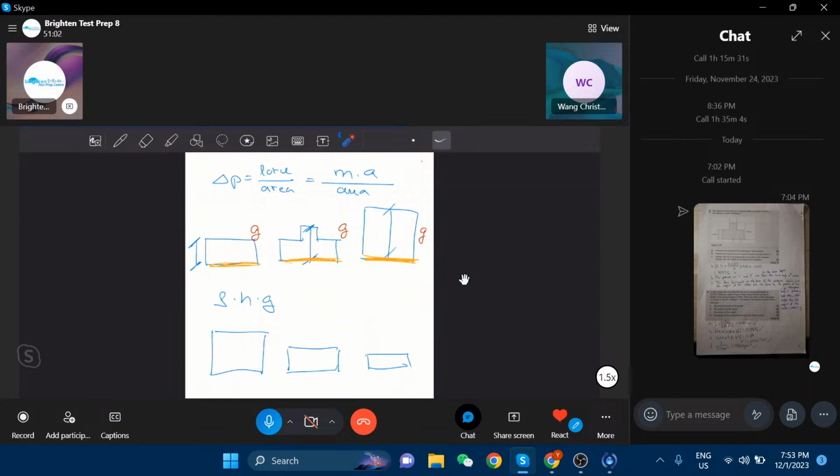But we came from the force, and the force as a result of the mass and the acceleration, and the mass as a result of the volume times the density. And the volume is, of course, height times area. So the height is varying from here to here, but the height times area is divided by the same area, right? So that one is the same as this one, as this one, as this one.